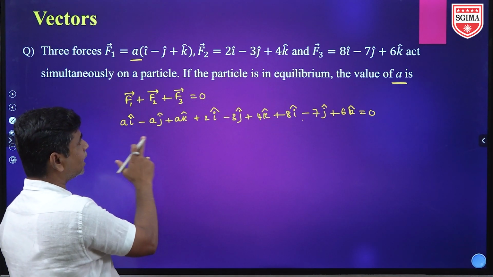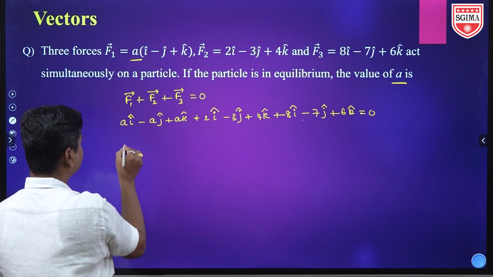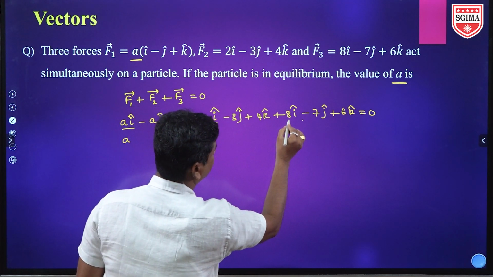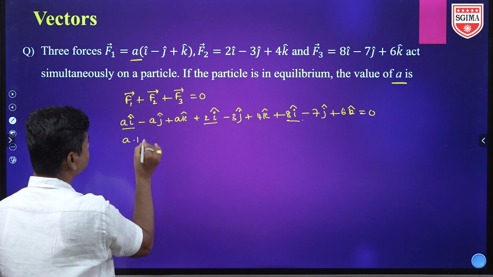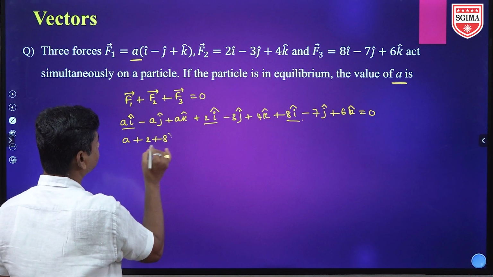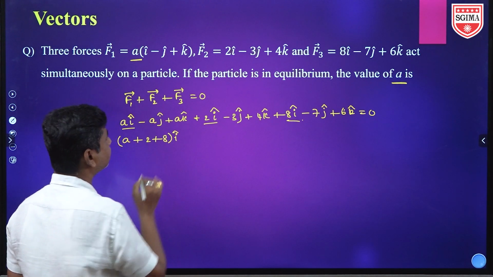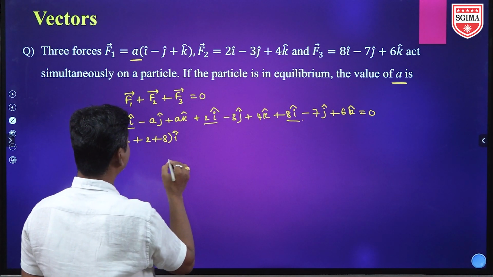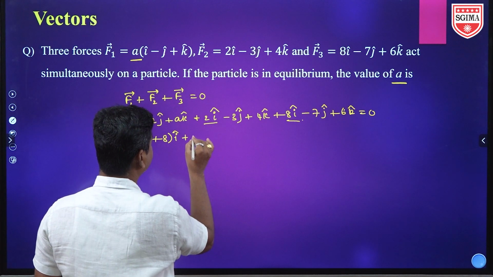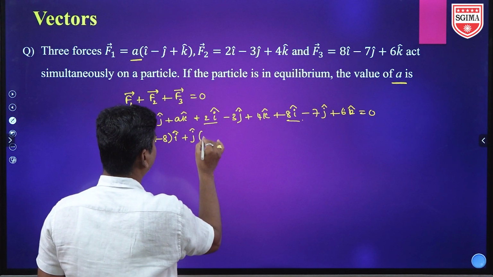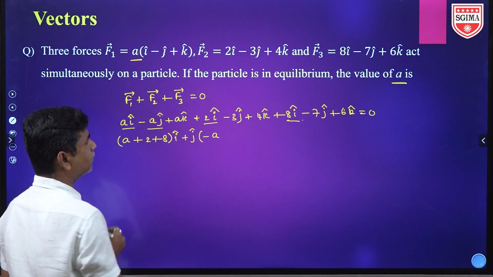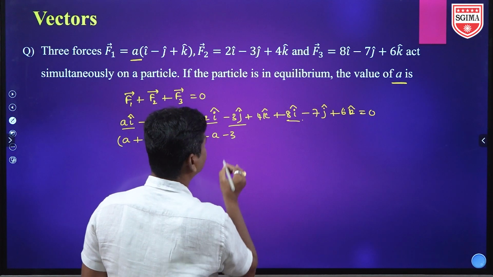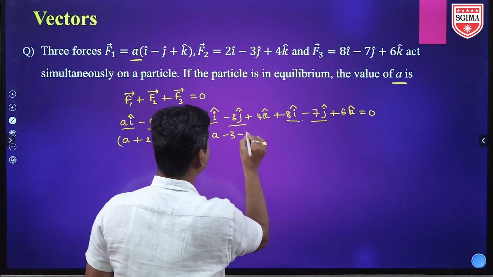First take the i cap terms common: a, 2 and 8, so a plus 2 plus 8 i cap. Next take the j cap terms common: minus a, minus 3, minus 7.